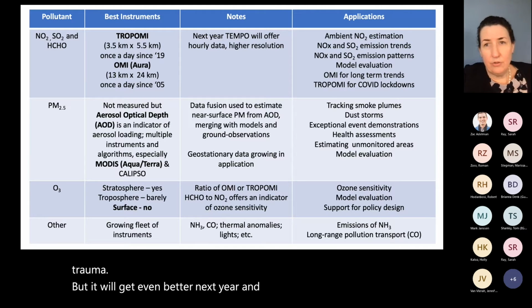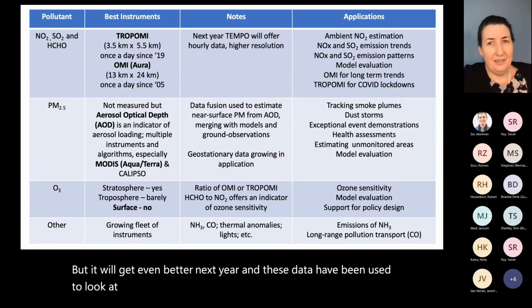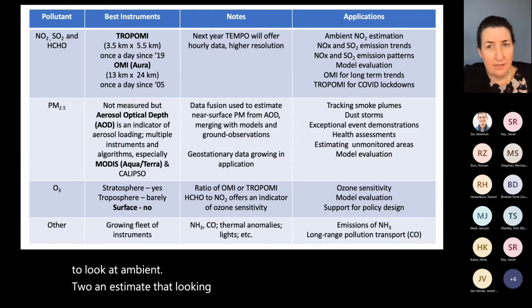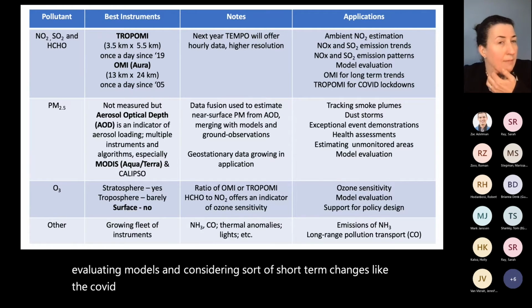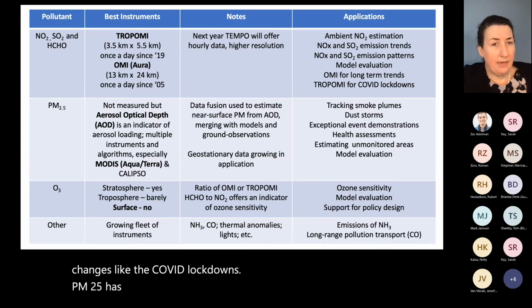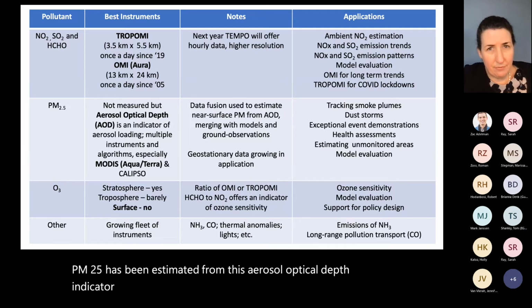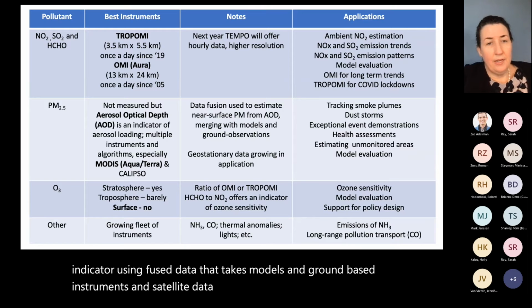These data have been used to look at ambient NO2 and estimate emission trends, emission patterns, evaluating models, and considering short-term changes like the COVID lockdowns. PM 2.5 has been estimated from this aerosol optical depth indicator using fused data that takes models and ground-based instruments and satellite data together.